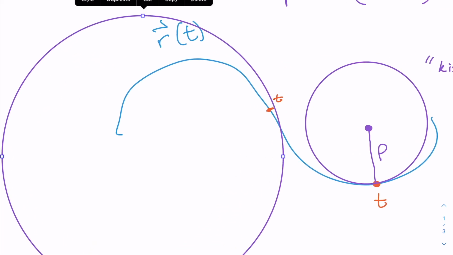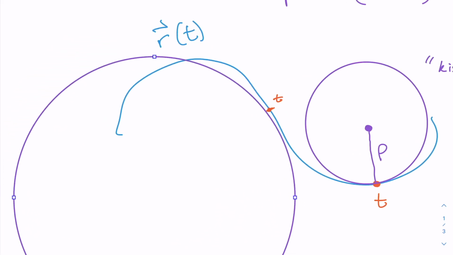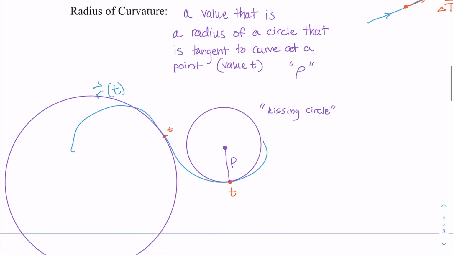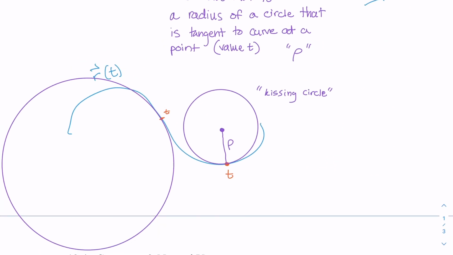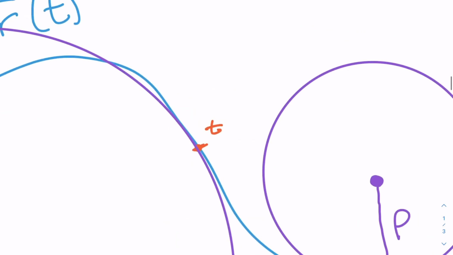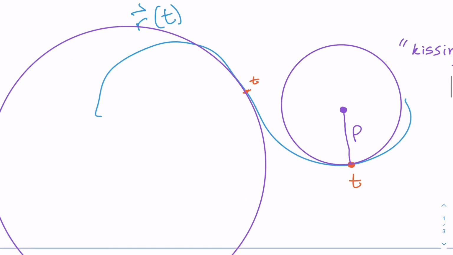It's going to look something like that. So for a point on a more straight section, you're going to have a really, really big kissing circle because the curve is so flat. So in this case, rho would look like this.